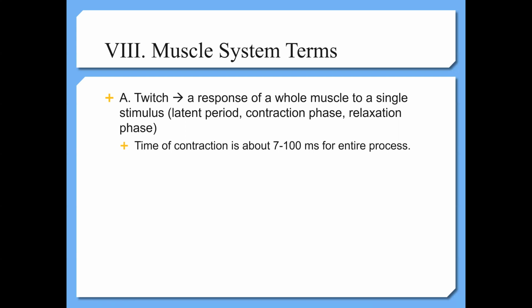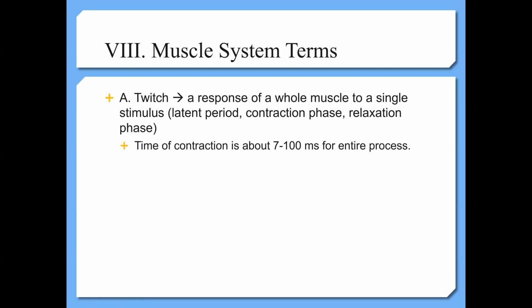And don't forget about the troponin and the tropomyosin. These are all things that you'll be quizzed on. Obviously it's different in your case because you'll have an open book exam, but you could very well have a short answer question about troponin, tropomyosin, and the actin molecule. So we have a latent period, a contraction phase, and a relaxation phase.